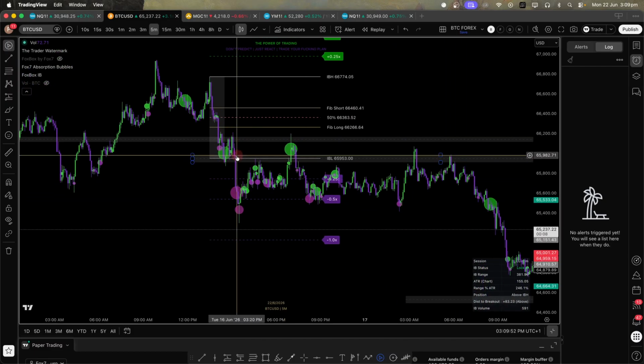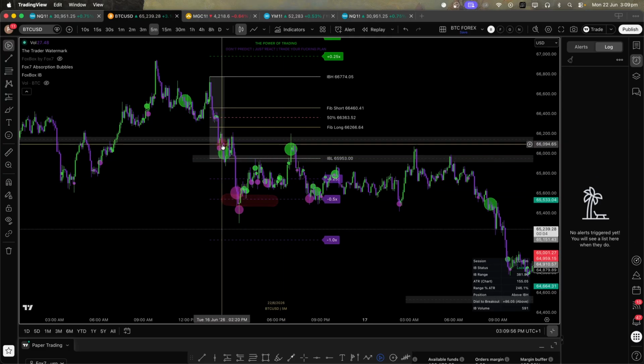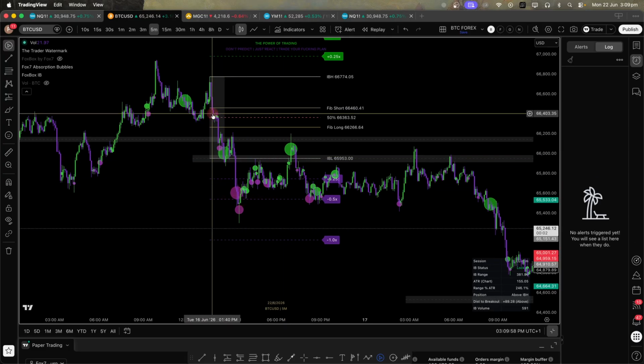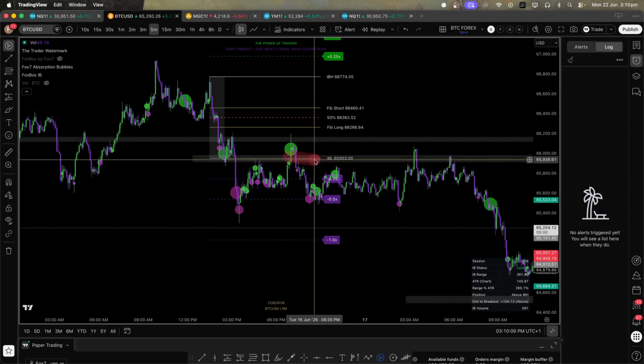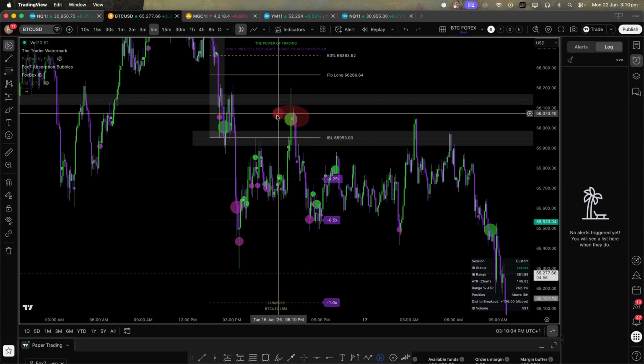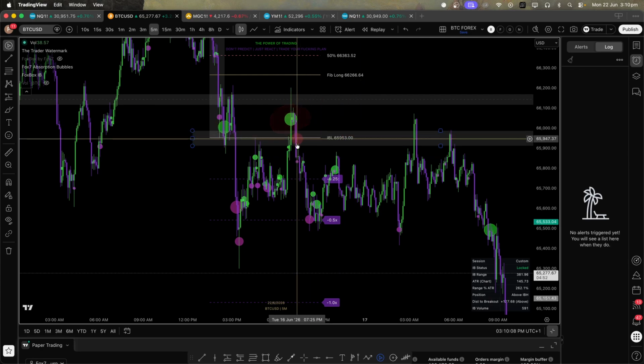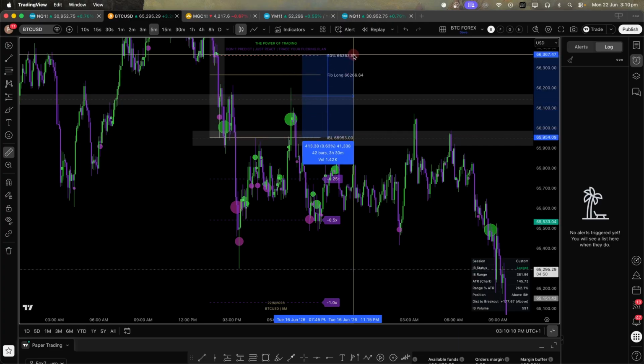Again, here's Tuesday last week, instant breakout. We hit the full take profit. At the 50%, you're taking off most of your position and going to break even. Retested it. Then we get an even better confirmation, because what do we get here? Trapped buyers. Candle goes back into the range. Your stop loss is covered there.